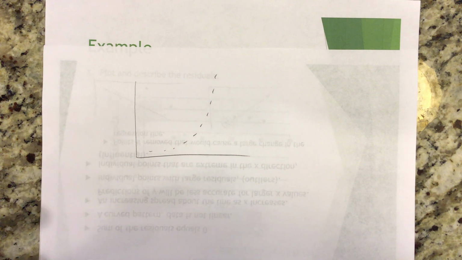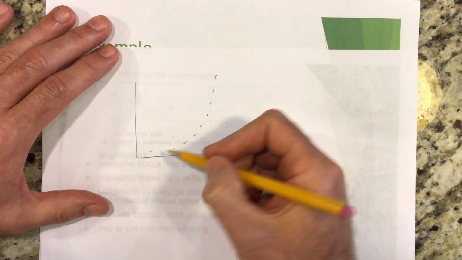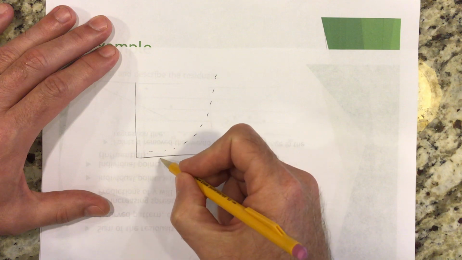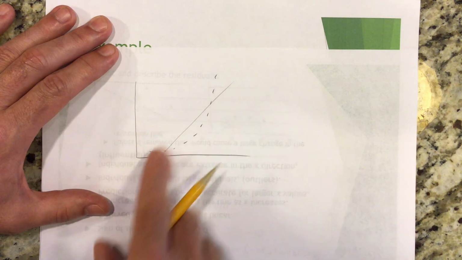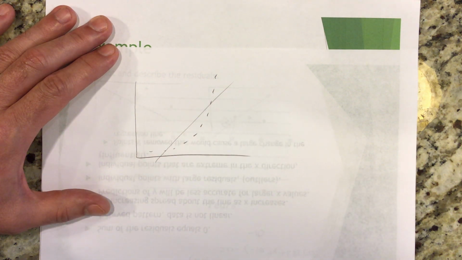No, that's for your human brain to figure out, right? So if you were to do linear regression on this, you would get some line like this. But you just put a line through a curve. That's not a good move, right? You've messed up.